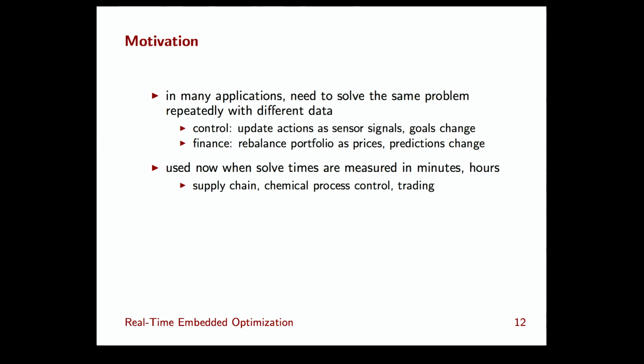Obvious ones would be control, or estimation, where you're estimating something or making good actions, but things change. It's another 1/10 of a second, and you get a nav update or something like this, or actually the goals have changed. In finance, it'd be the same thing. You solve a new problem because you have new estimates of returns, risks, all sorts of other stuff.